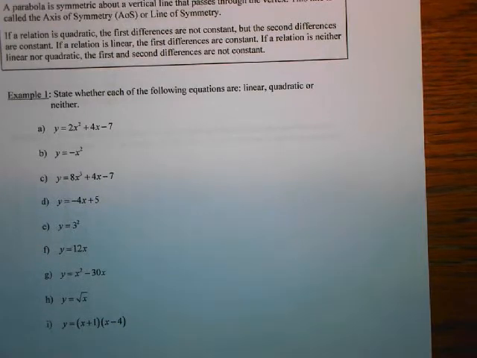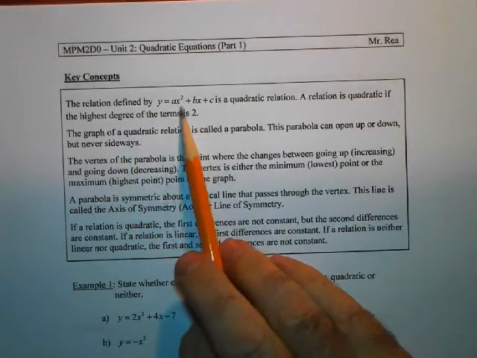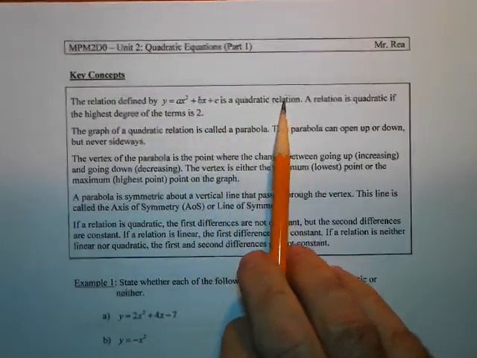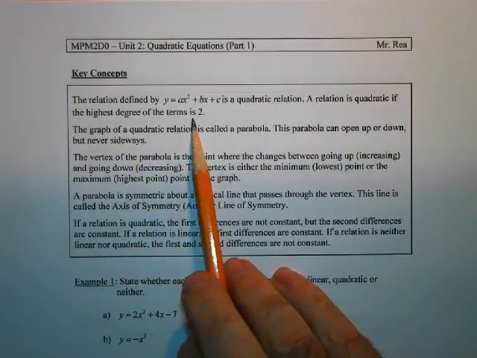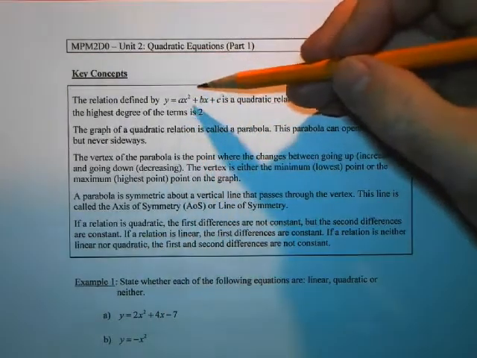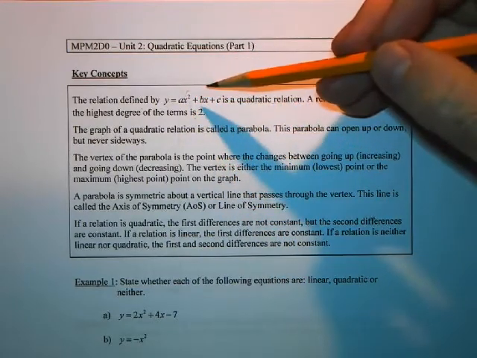So we got some key concepts here. Some of the stuff we've already talked about, so let's go back through that. The relation defined by y equals ax squared plus bx plus c is a quadratic relation. A relation is quadratic if the highest degree of the terms is 2. So we haven't talked about degree before, but degree is the exponent for any of the variables.